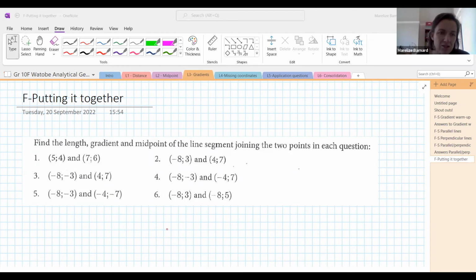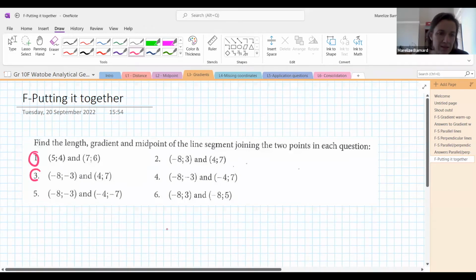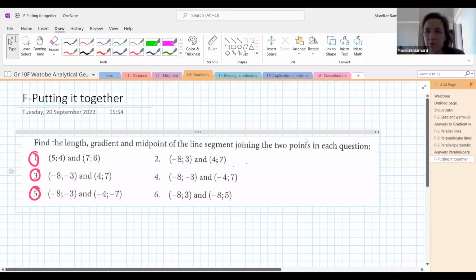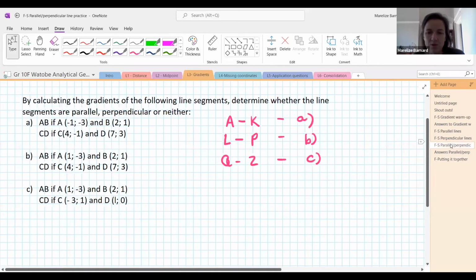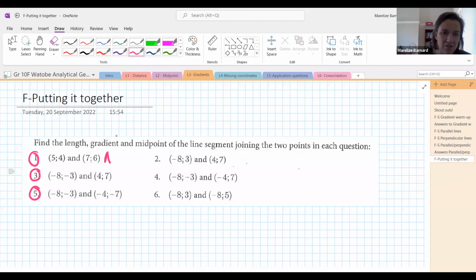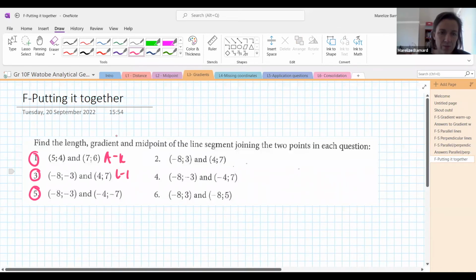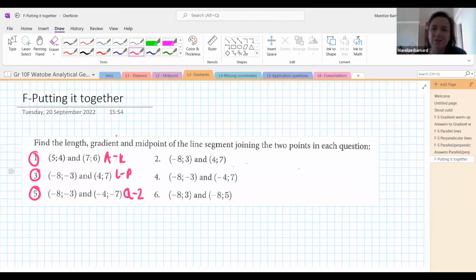Let's do those same groups again for question 1: A to K, L to P, and Q to Z. This time around, you need to calculate the length, the gradient, and the midpoint.